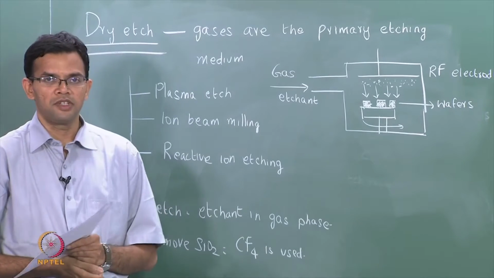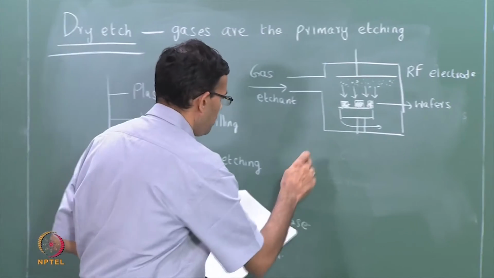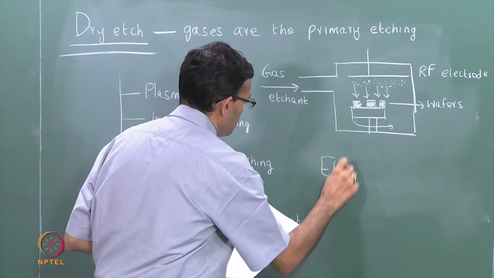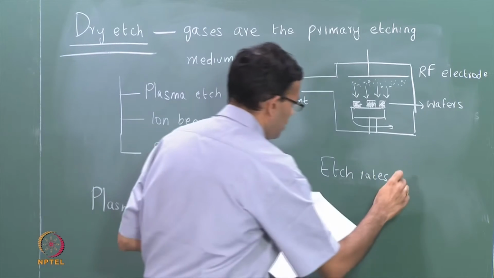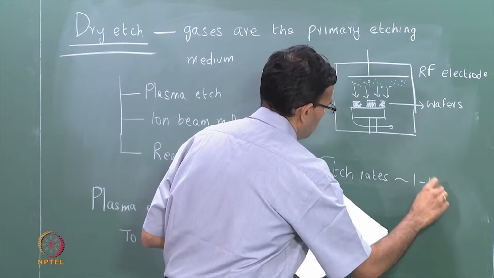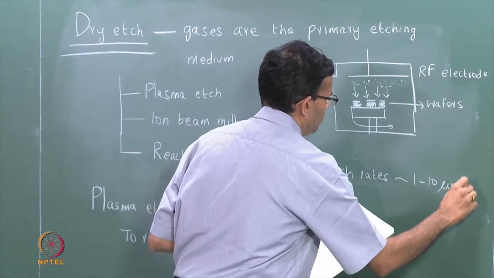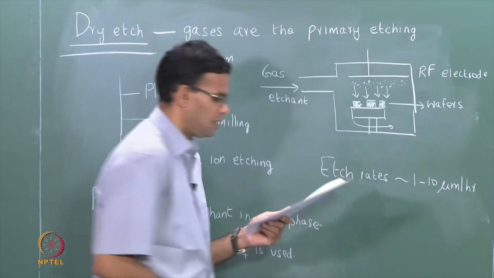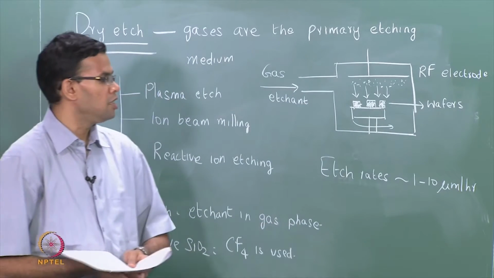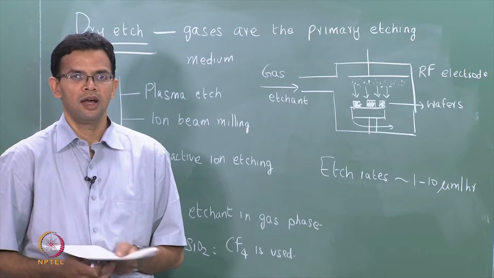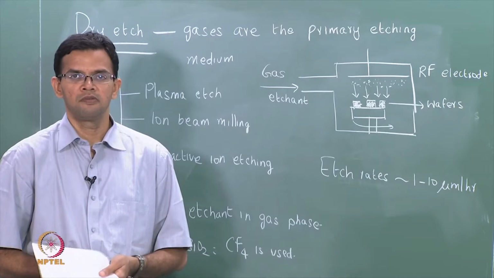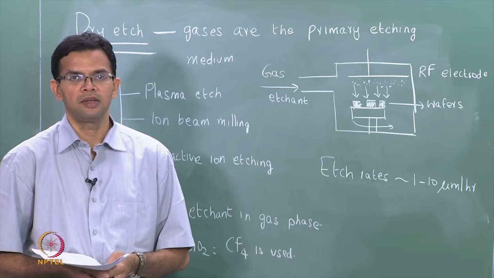So in the case of dry etching, the etch rates are usually much slower. So your etch rates are typically 1 to 10 micrometers per hour. The etching is usually carried out with a sample at room temperature, unlike wet etching where the chemicals are usually at a higher temperature.